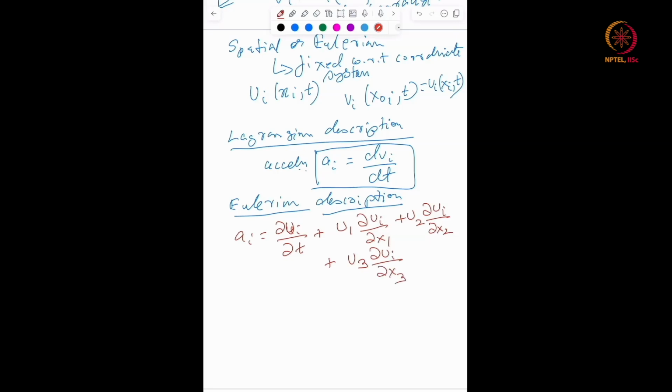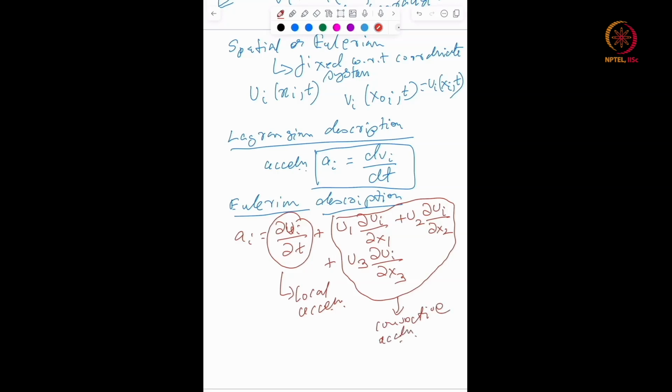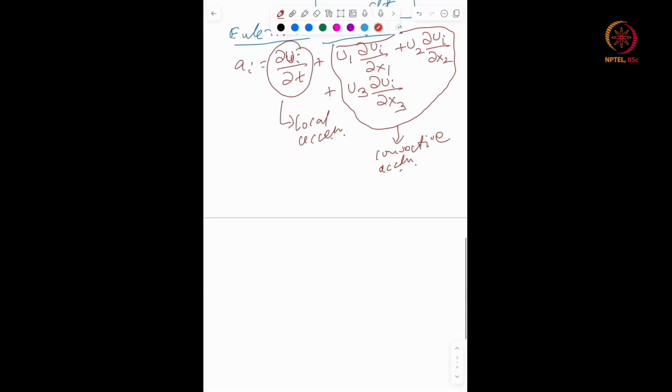The first term on the right hand side is called the local acceleration, and the remaining terms are called the convective acceleration. So local acceleration versus convective acceleration.